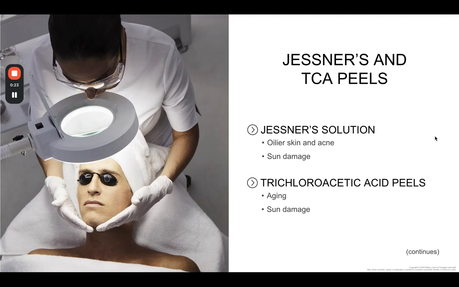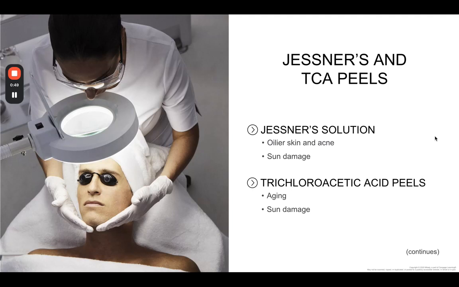A Jessner's peel is categorized as a stronger superficial peel and utilizes a Jessner's solution, which is a mixture, this is a test question, a mixture of salicylic acid, resorcinol, which is a brightening agent, lactic acid, and ethanol. You may also find some of these formulations contain 2% phenol.